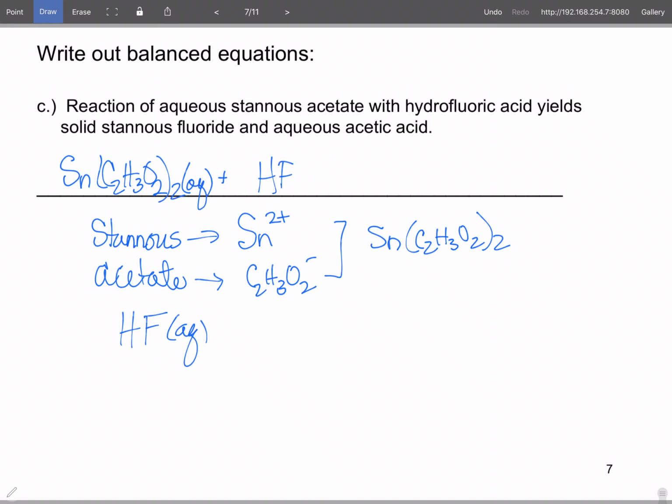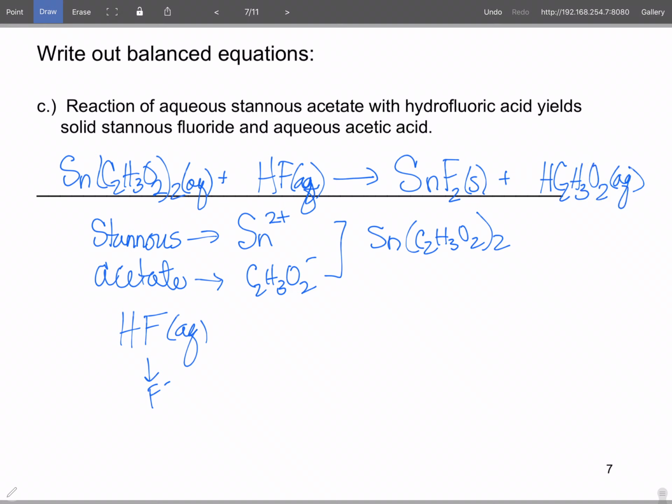And again, I'm leaving space. Acid, so that's aqueous. Yields stannous fluoride. And remember, fluoride is F minus. So we're still 2, SnF2 solid, plus aqueous acetic acid, which is acetate with the proton on it.